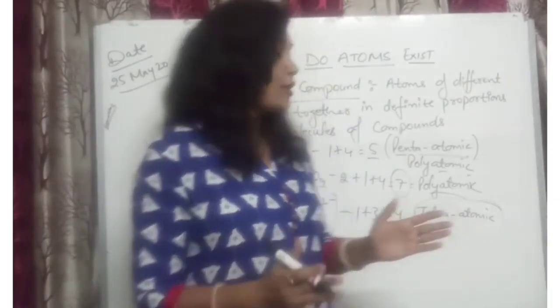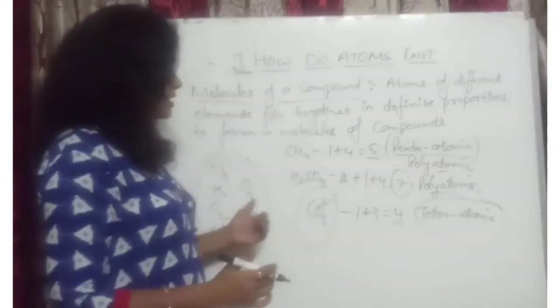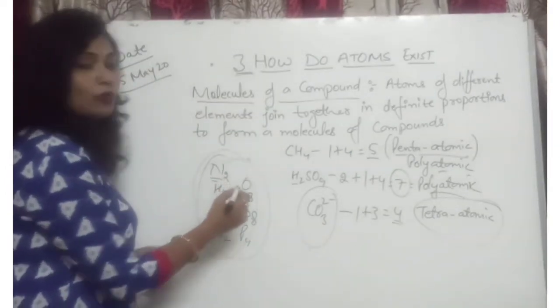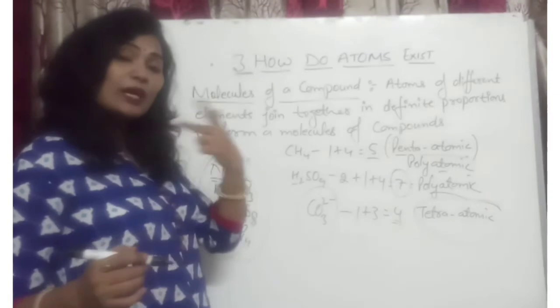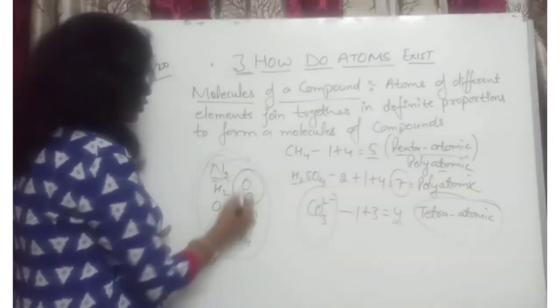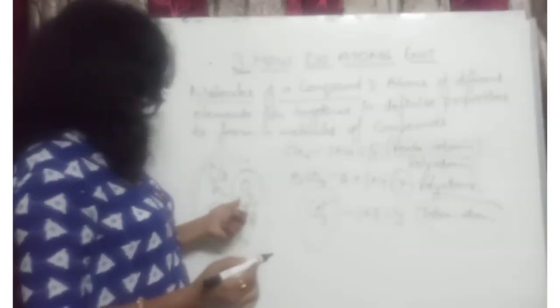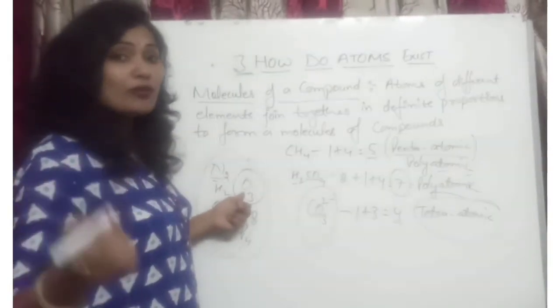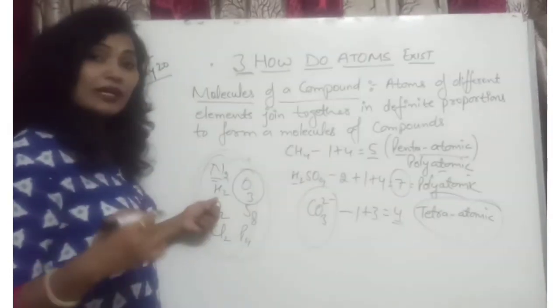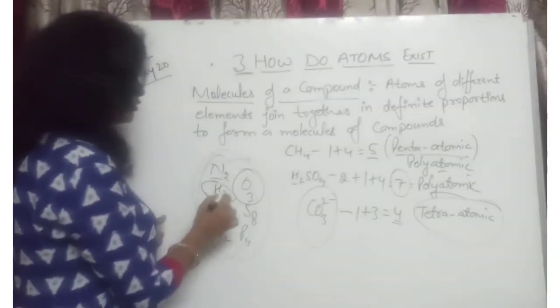Why homoatomic? Because they consist of the same type of atoms. N2, nitrogen, contains the same type of atoms. Nitrogen atoms are present in it. O3, ozone, contains the same type of atoms, oxygen only. H2 contains the same type of atom, hydrogen only.